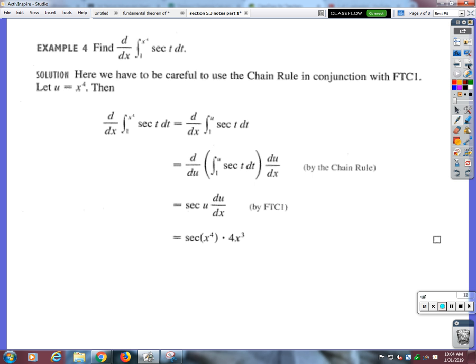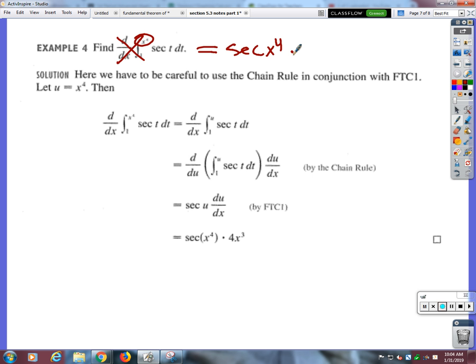Okay, one tiny thing that you guys need to be careful with. If the thing on top is not just a plain old variable, so in this case it is x to the 4th, and again we're taking the derivative of the integral, that's the only reason why this works. So these two things cancel each other out, and the answer is secant of this thing x to the 4th, but we're taking a derivative, right?